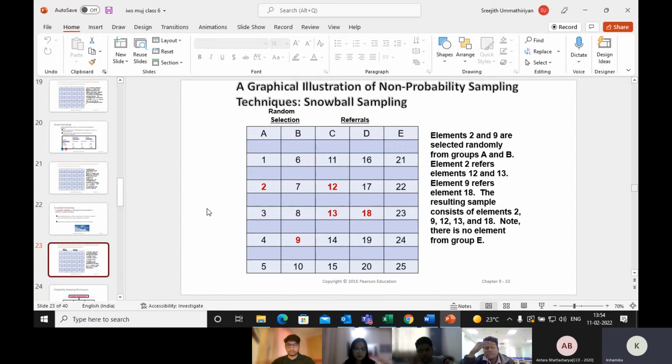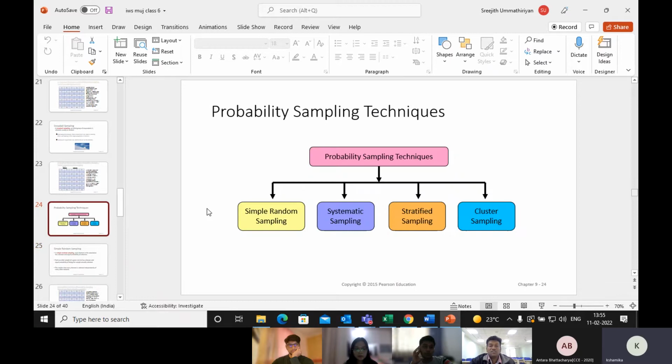So first you've randomly got hold of respondents 2 and 9, and 2 refers to 12 and 13. Then you go to 12 and 13 and talk to them, and 9 is referred to 18, so you go to 18. So it's based on referral. The first respondent leads you to the second, third, and subsequent respondents.